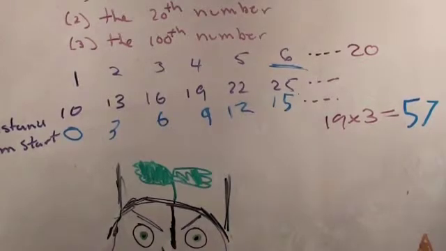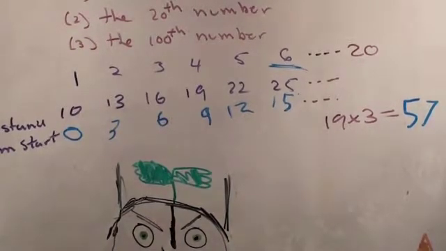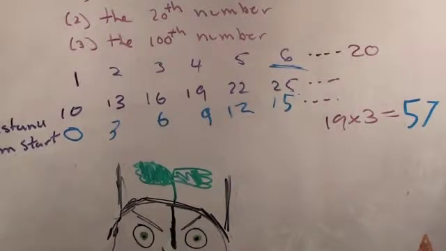Alright, so 19 times 3 is 57. Okay, so what's the 20th number in our sequence going to be? The 20th number in our sequence is, we used 57 in threes. The number's probably going to be 67. How did you figure that out?